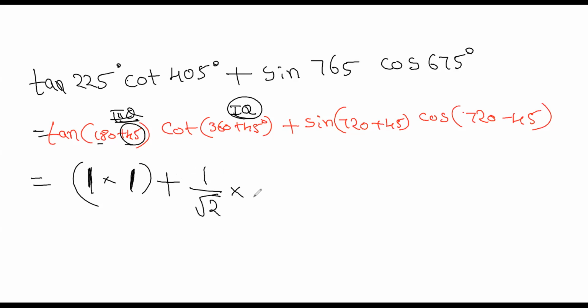And then sine of 720 plus 45 will be 1 by root 2.